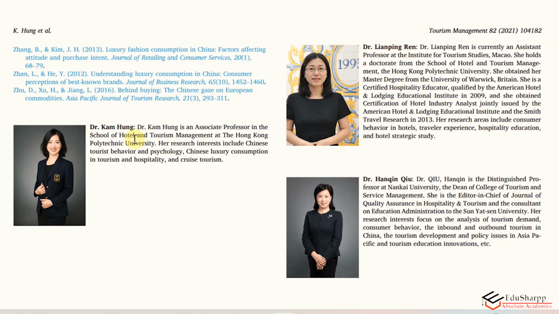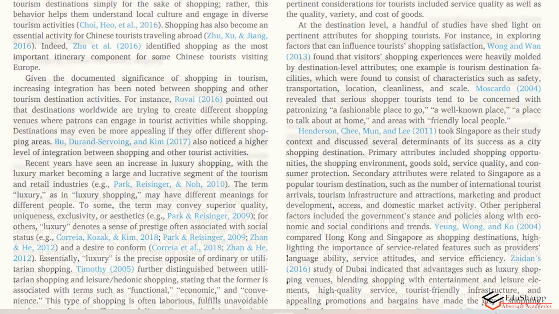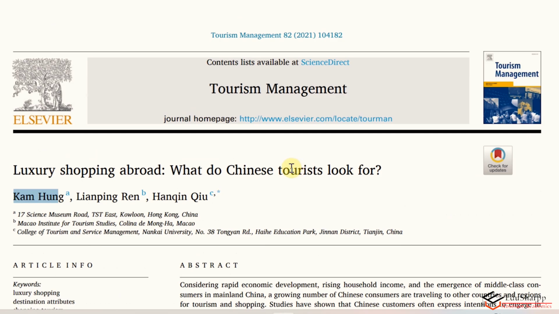First of all, these authors are PhD scholars, and it is also mentioned that they are assistant professors. So we can very clearly know who the authors of this article are, and we also know that they are proper PhD scholars. So the first criterion is met: we know the authors and their affiliation.